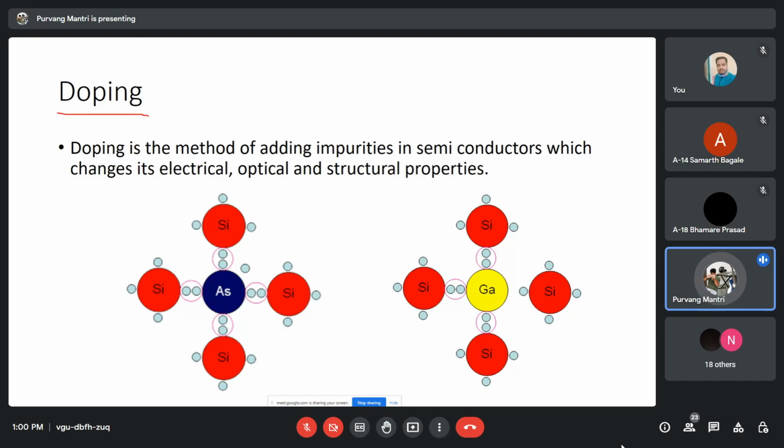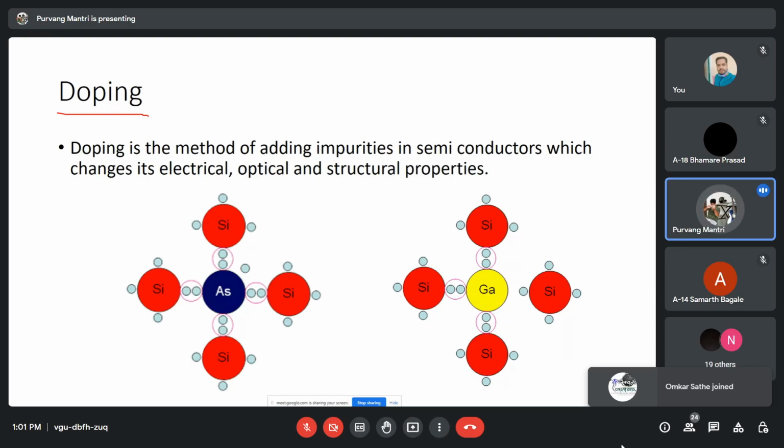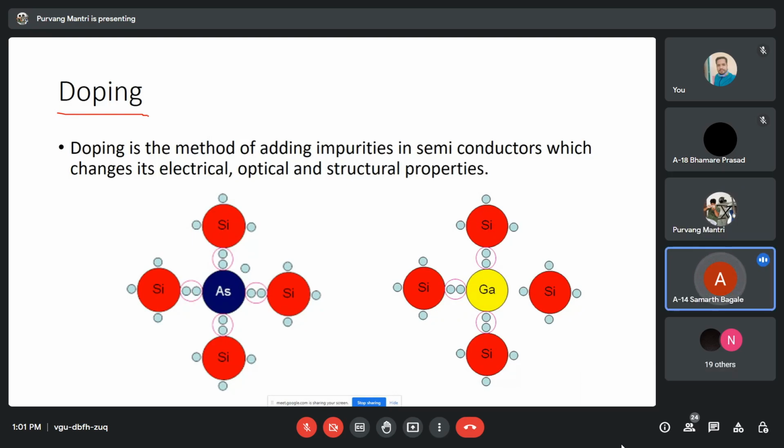To understand doping, I would ask you again, is pure water, pure H2O, an insulator or a conductor? Insulator, yeah, exactly. So if you want to convert it into a conductor, you need to add table salt, NaCl, sodium chloride.